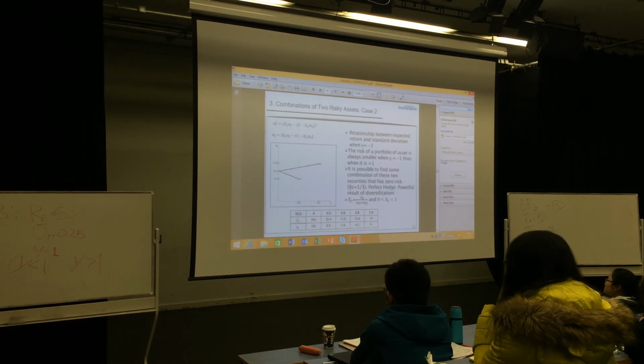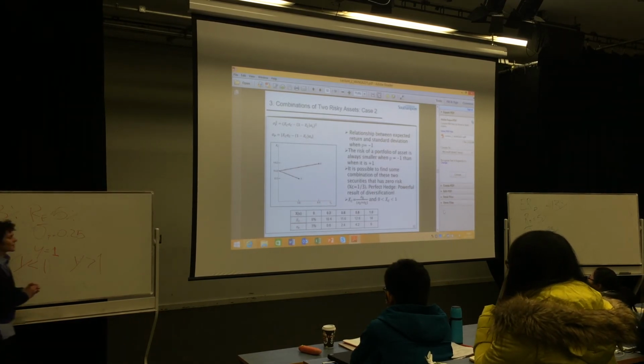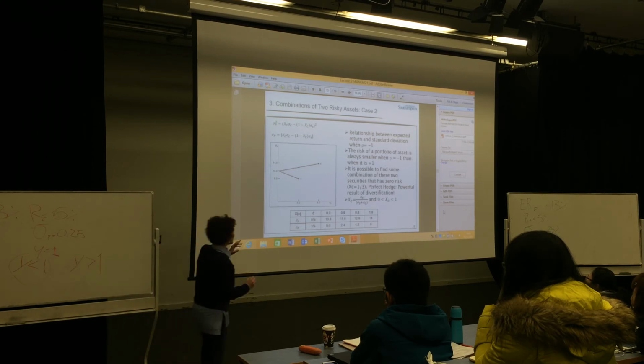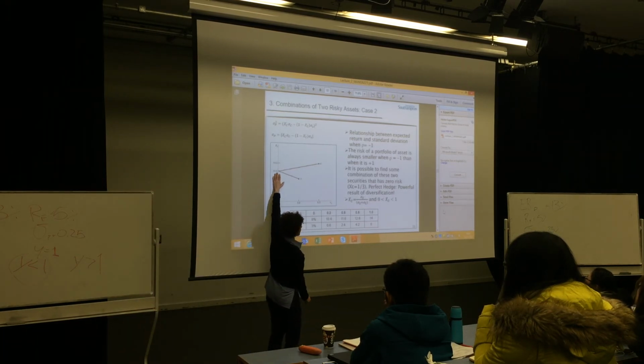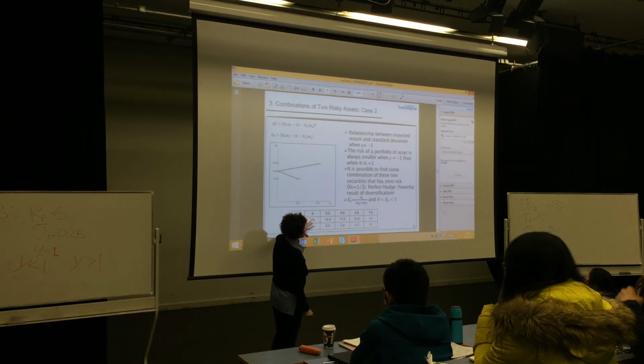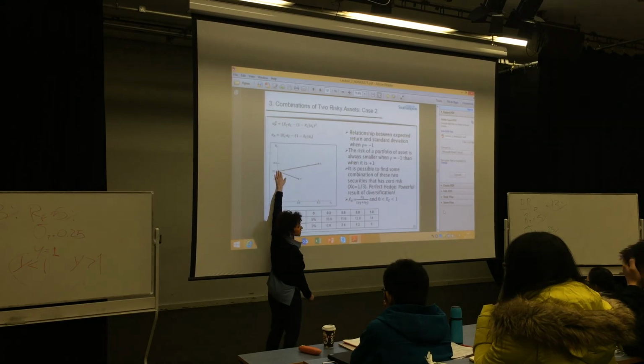Benefits of diversification. In this case, you can find the quantity that allows you to get the standard deviation of your portfolio equal to 0.